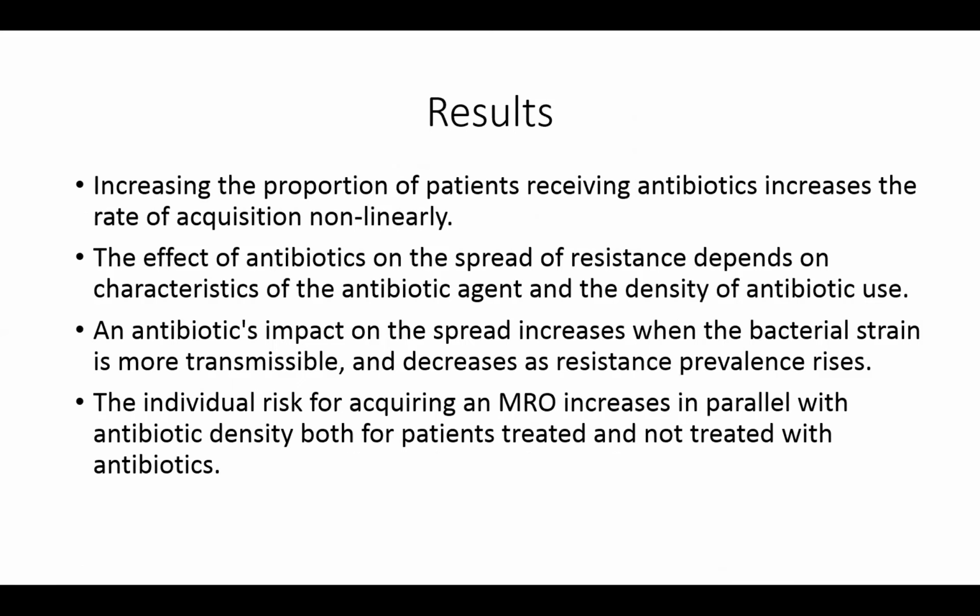An antibiotic's impact on the spread increases when the bacterial strain is more transmissible, and it decreases as resistance prevalence rises. The individual risk for acquiring a multi-resistant bacteria increases in parallel with antibiotic density, and this is both for patients treated and non-treated with antibiotics.